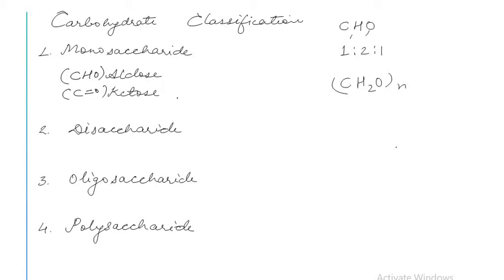Another type of monosaccharide classification includes the number of carbon atoms. If the number of carbon atoms is 3, then it is called triose. If it is 4, then it is called tetrose, and if it is 5, then it is called pentose.